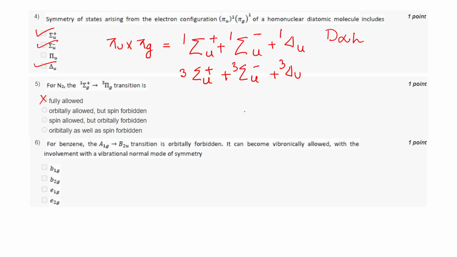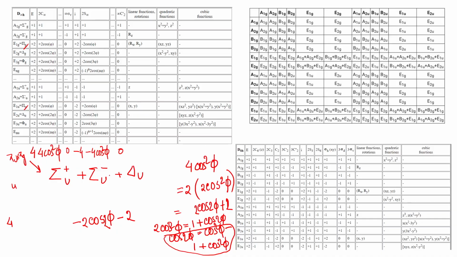Are they orbitally allowed? That I have to check, pi g and sigma g plus, right? So again, let us come back. Pi g is sigma g and pi g, these two, right? So they are related to 2, then 2 cos phi.